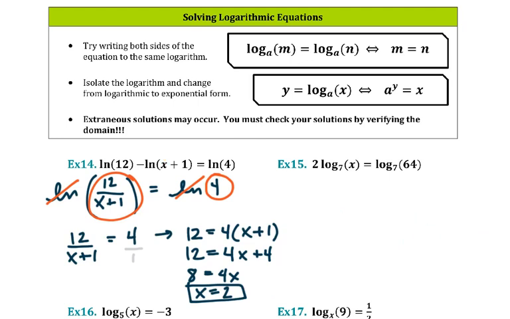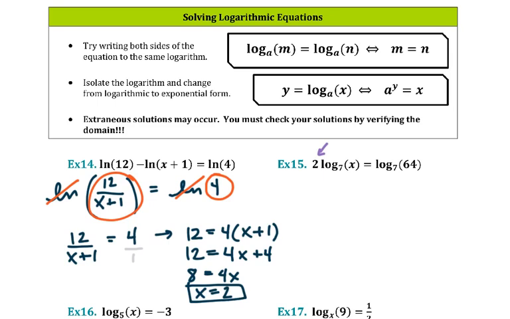So let's solve example 15. Again, we want this to be one log equal to one log. And we have 2 log base 7 of x equals log base 7 of 64. The way it stands right now, it is not one log on the left, it's two.